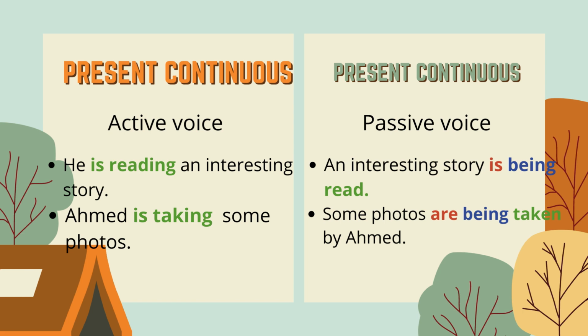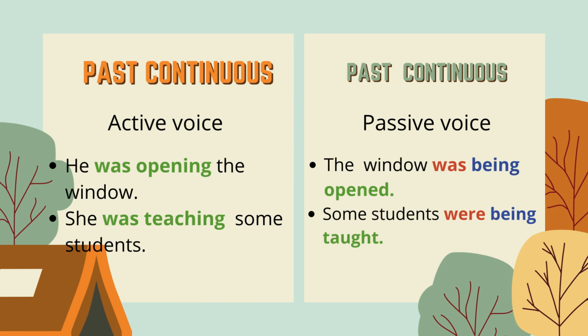The fourth group is the past continuous. Again, two groups, active and passive. First example, he was opening the window. The window was being opened. The window is singular, so we use was as an auxiliary verb plus being plus opened, which is the past participle form of the verb open.